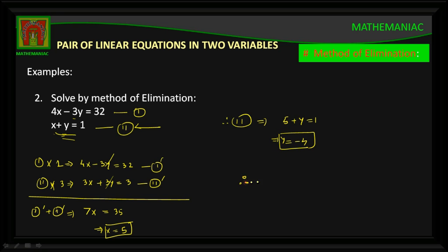So at last, how will you conclude? x equal to 5 comma y equal to minus 4 is the solution. Great, right? So that's what we end up with to find the solution.